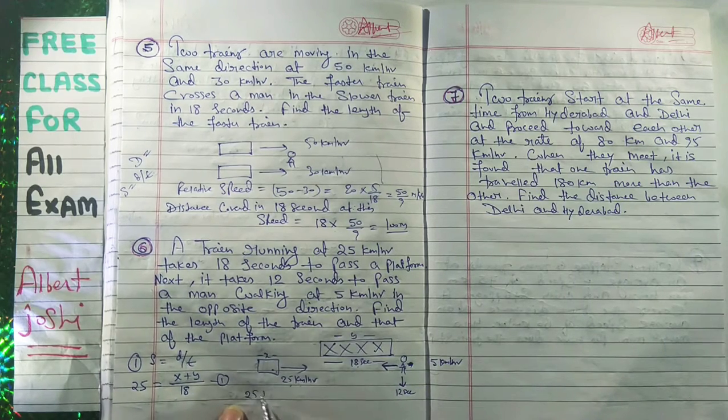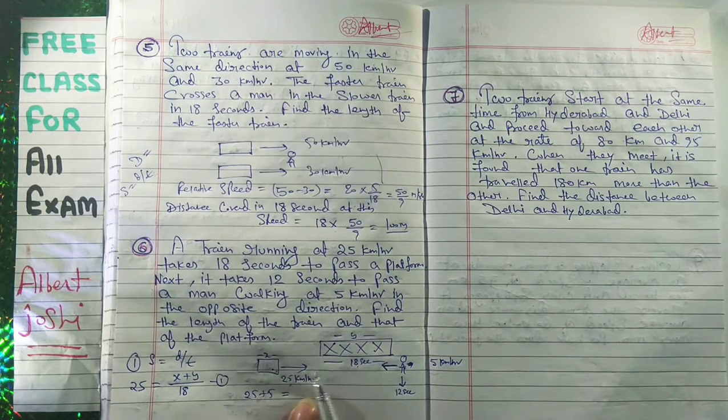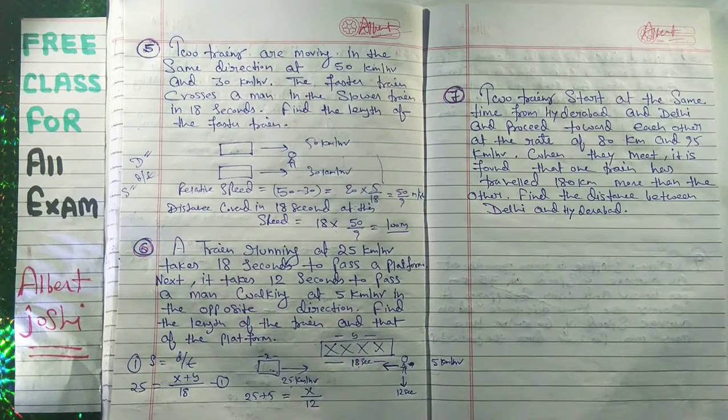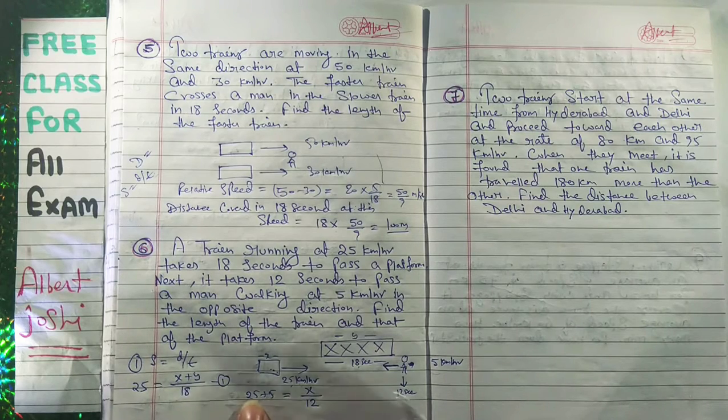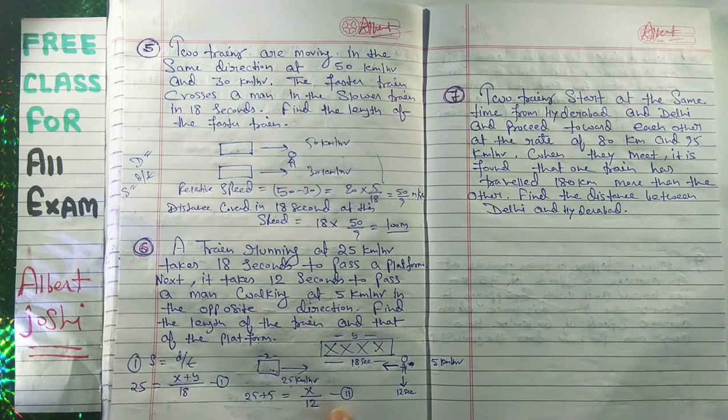So the speed is equal to distance, the length of the train x, upon time, which is 12. So you must note you have two equations. This is equation number 1 and this is equation number 2. With the help of equation number 2 you can get the length of the train. Then if you put the value here, you will get y. Very simple.